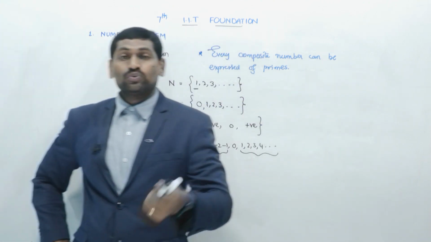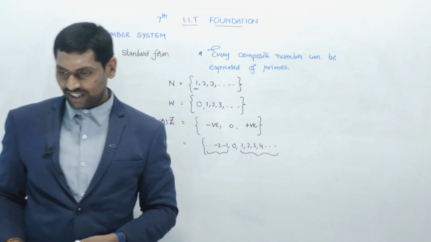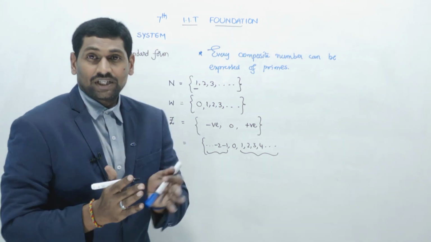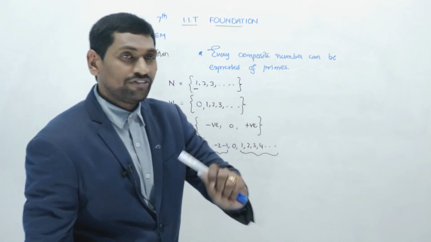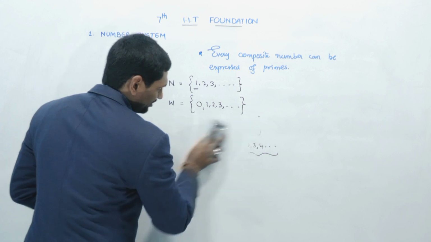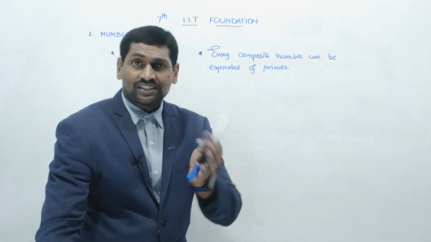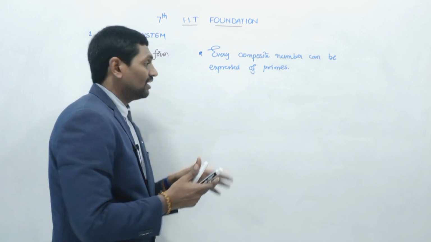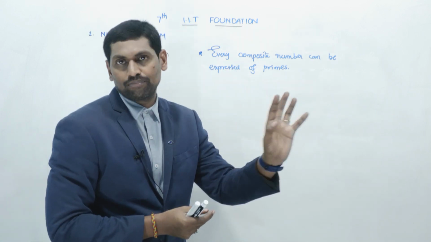So let us go through the concept of multiples and factors. To define multiples and factors, we can take any table. From the table we can decide whether a number is a multiple of a given number or not.